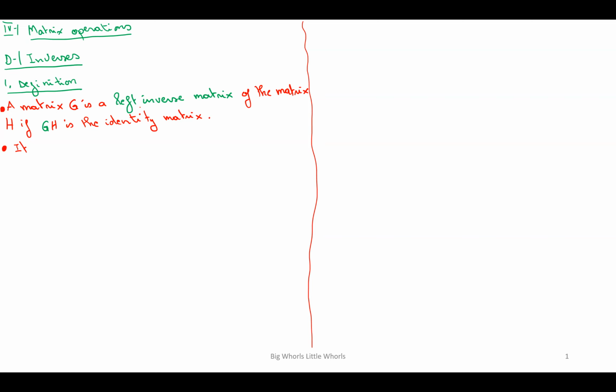It is the right inverse if HG is the identity this time. This time G is on the right hand side.